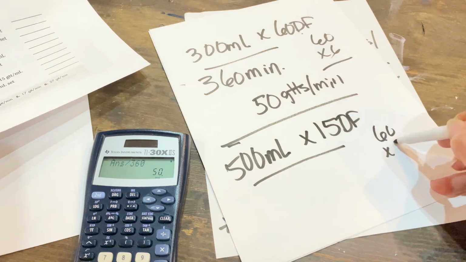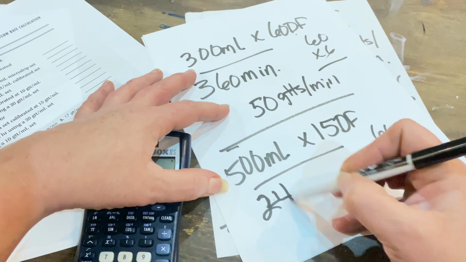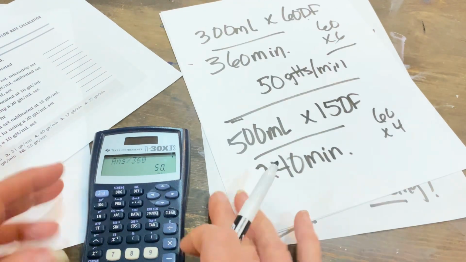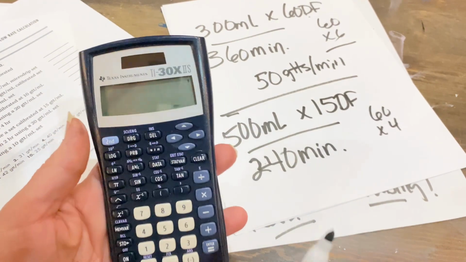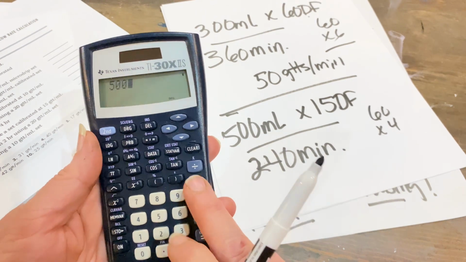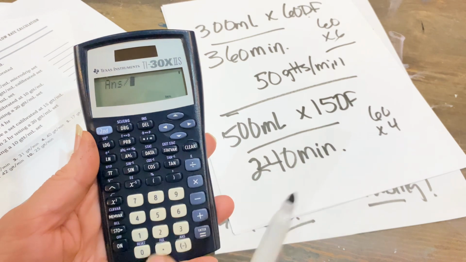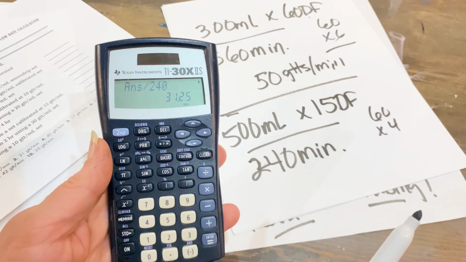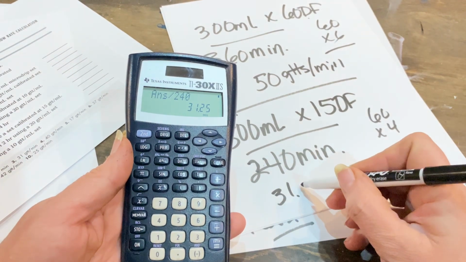60 times 4, 240 minutes. You know. Yeah, you know. Go on, do your thing. Here we go. 500 times 15 equals, divided by 240, 31.2.